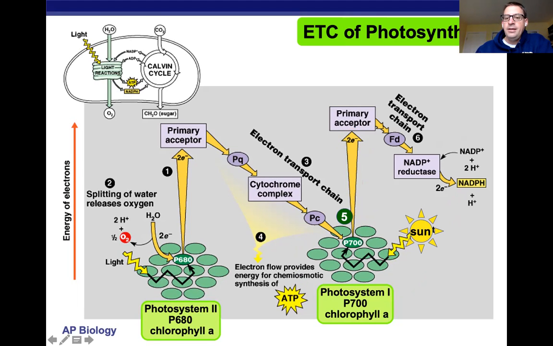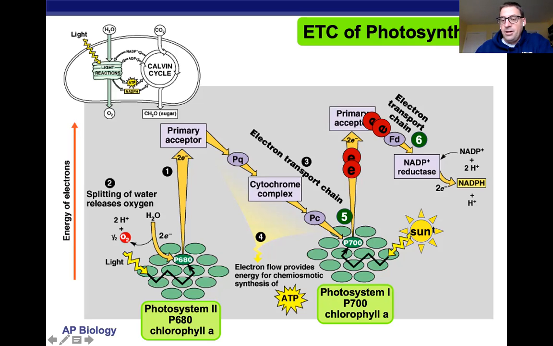Okay. Now, where do these electrons from photosystem 1 end up? They get passed down another electron transport chain, but they are not used. The energy in them is not used to pump protons into the thylakoid space. They are passed at a high energy level to an electron carrier that is similar to NAD, and that is NADP plus.